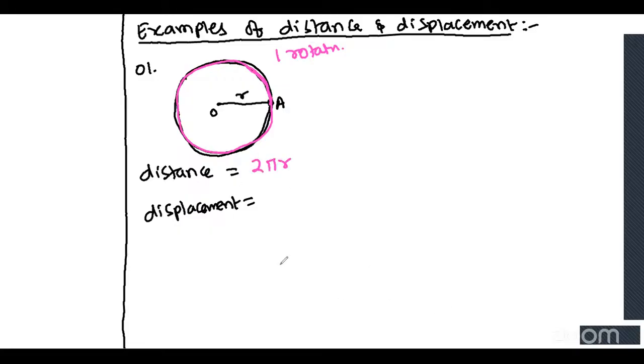Now, displacement means, okay, initial position is A, final position is also A. So that means final position minus initial position.